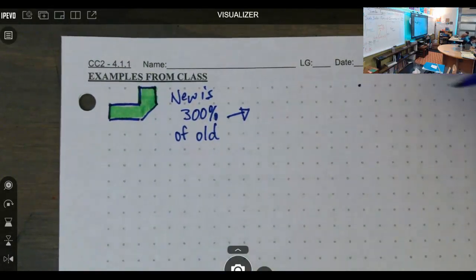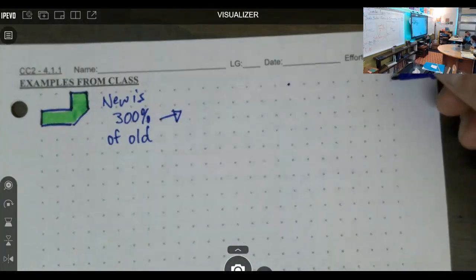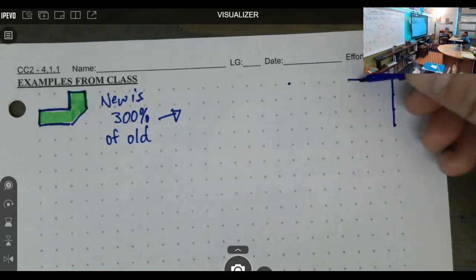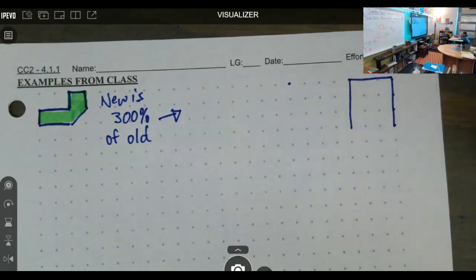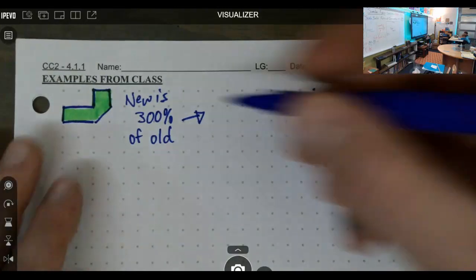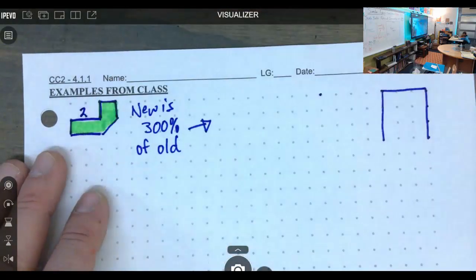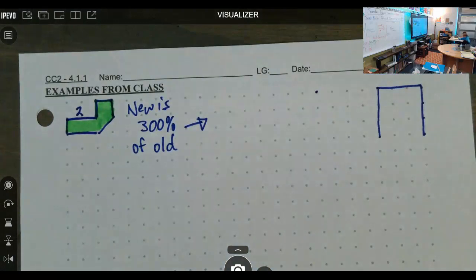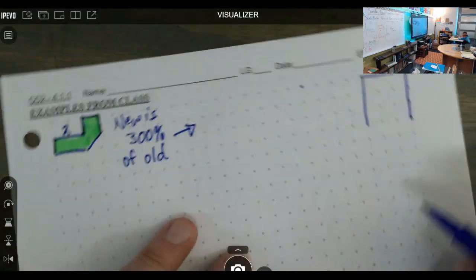I want to make sure I give myself room. Guys, I'm going to go all the way over to this corner. And I'm going to do 1, 2, 3. 3 by 3 by 3. Oh, jeez. My edge that was 2 over here, what will that edge be now? 6.